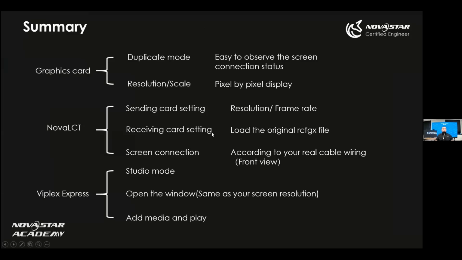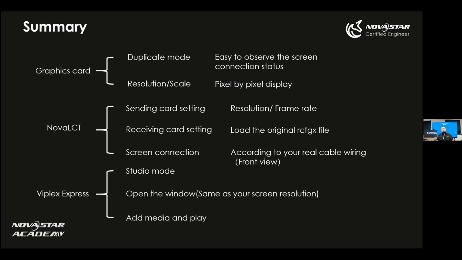Okay, so let's do a simple summary of what we have today. If we want the screen to show the image, we need to have the graphic card settings. We choose the correct mode of your computer, and we need to confirm the resolution, and not let your computer scale the layout. This is the first one.